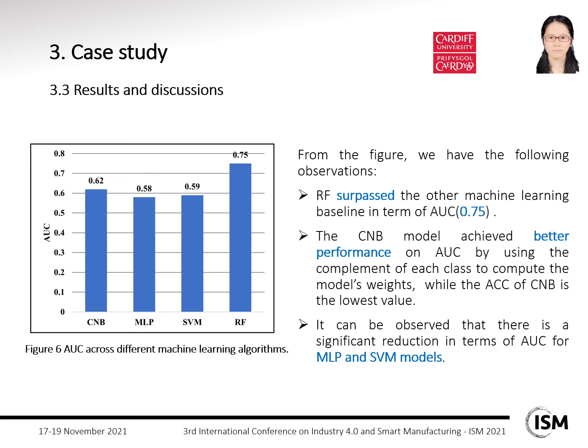The experimental results show that a significant reduction in terms of AUC was found in using the CMB, MLP, and SVM models, while the RF model performs best on this metric. Specifically, the RF model achieves the best AUC compared with other models. In this context, the RF model presents potential for imbalanced datasets.